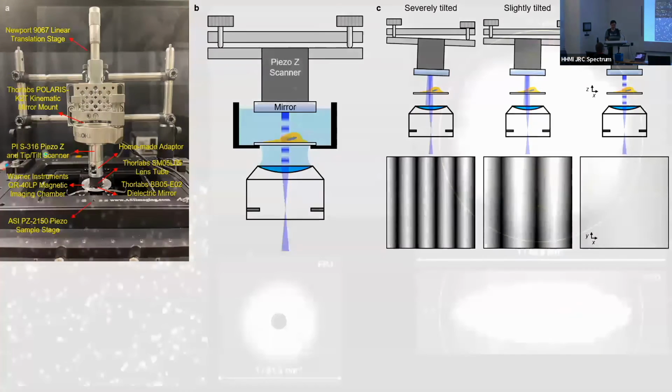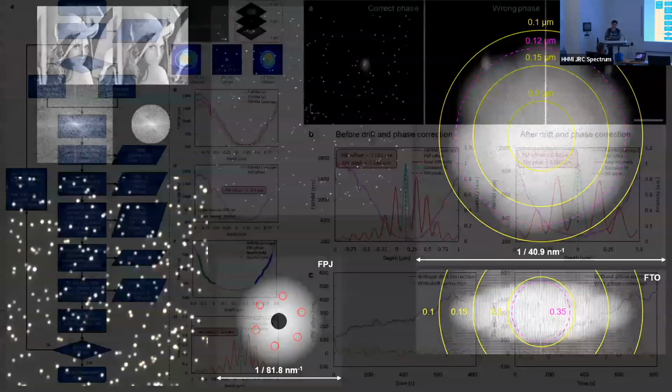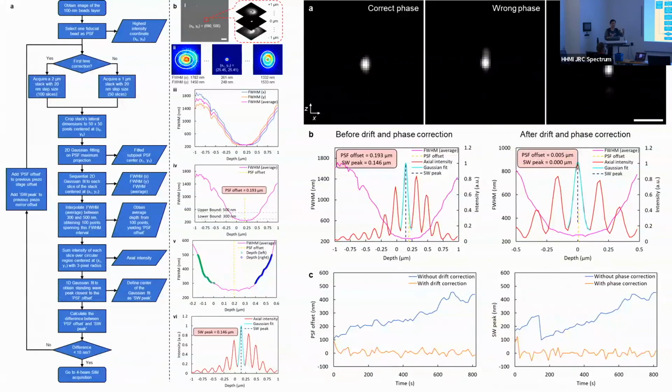So there is also a relatively complex phase maintenance or feedback mechanism to keep the axial phase stable. That is inevitable because phase is always stable along the XY direction. But the thermal drifting, any vibration could make your interference pattern not correct.